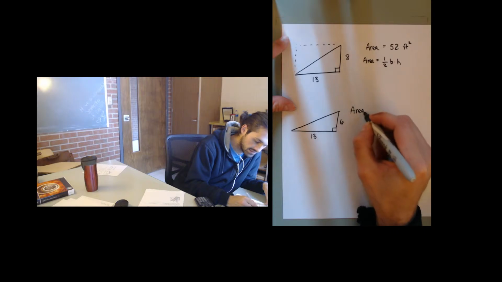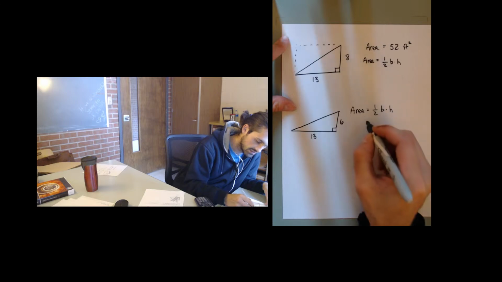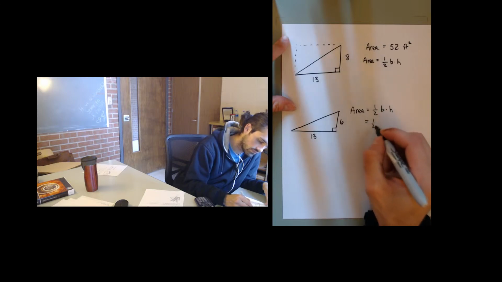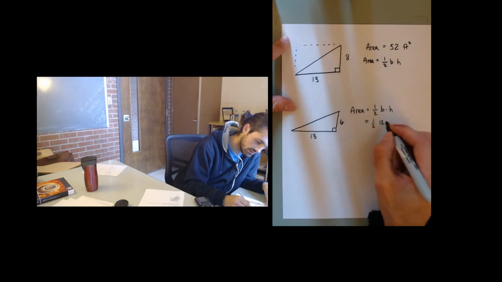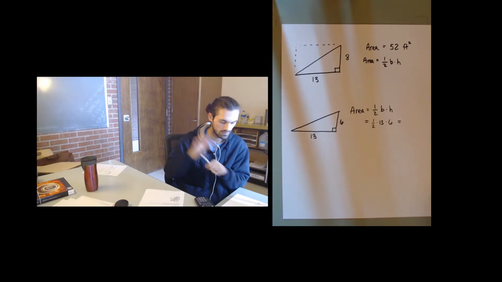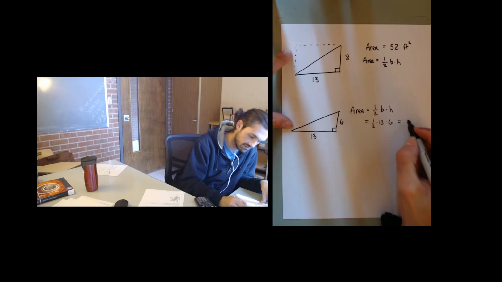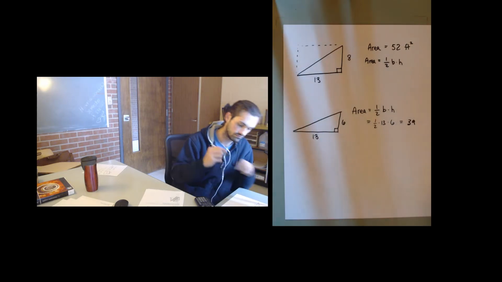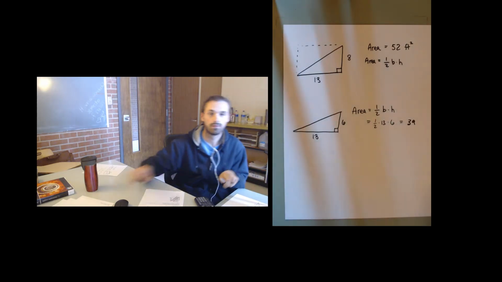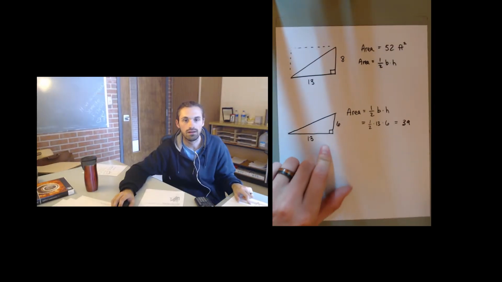So the area in the second case is still governed by 1/2 base times height. Here, the base is still 13, the height is now 6. 3 by 13, 39. So this will give me 39. Alright.